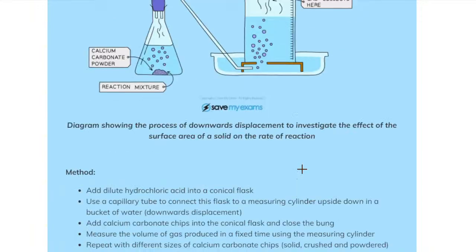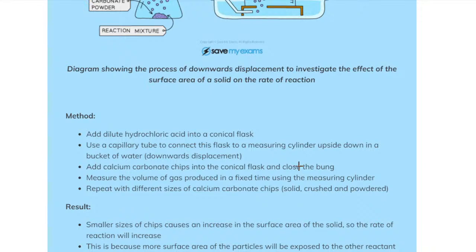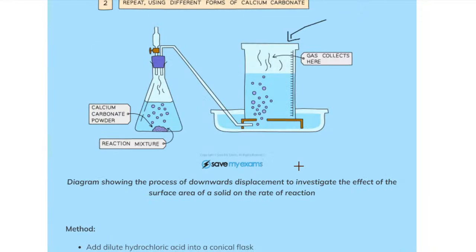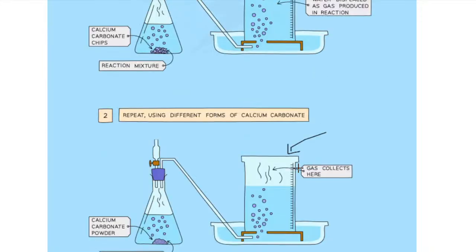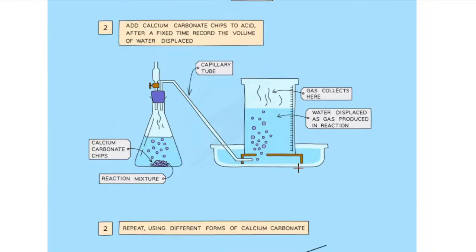This gas is carbon dioxide, and we've learned that whenever something reacts with a carbonate, water and carbon dioxide are formed. When the calcium carbonate reacts with the hydrochloric acid, it releases the gas, which comes down here and displaces the water, and this gas is carbon dioxide.